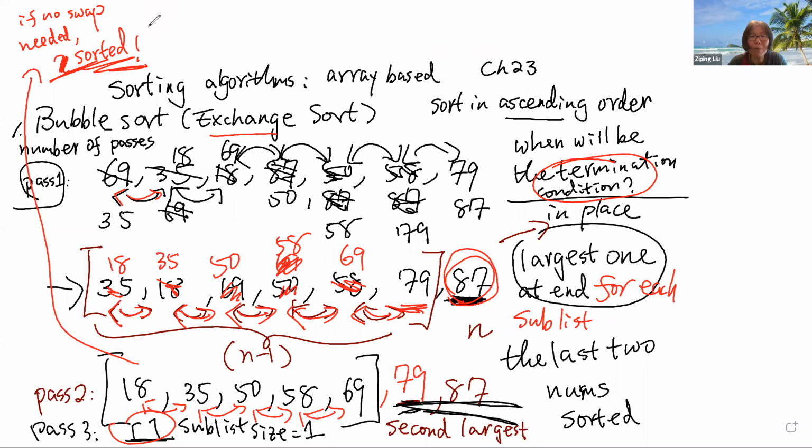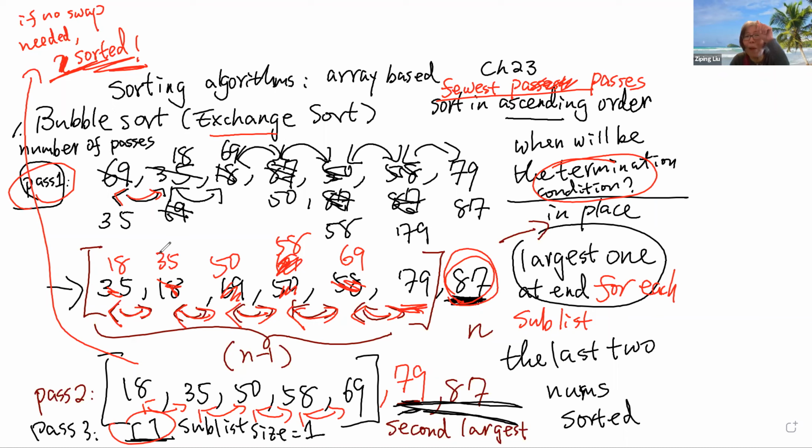Okay, so this is regarding bubble sort. And for bubble sort, can you think about what will be the best scenario? What does the best scenario mean? It means the fewest passes.